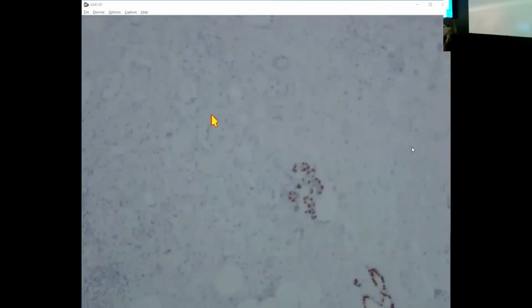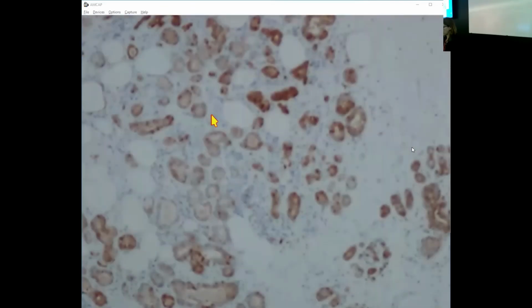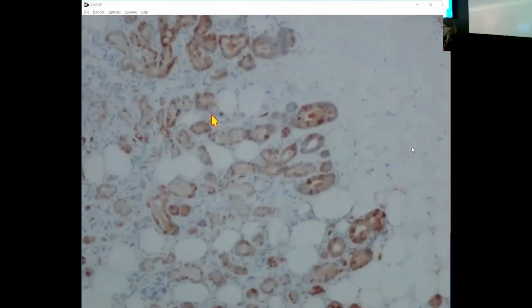So here's our ER stain, right? So this is all ER negative in these infiltrating glands. And then this, I think, is the S100 stain. So just showing you how nicely S100 will stain MGA.